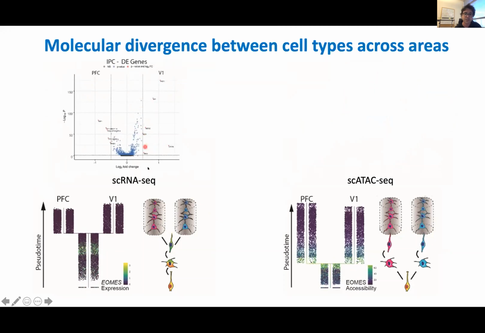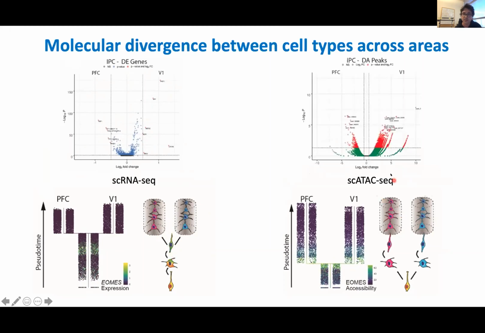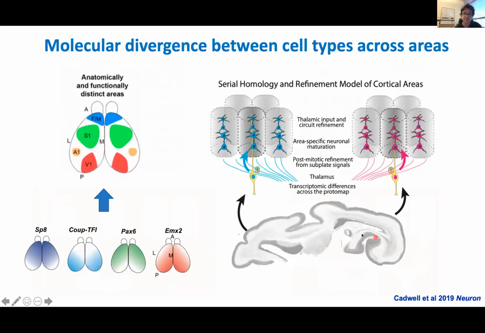So there are genes differentially expressed between PFC and V1 intermediate progenitor cells, but in contrast, the differentially accessible loci in chromatin accessibility are substantially more pronounced. There are many more features that distinguish these intermediate progenitor cells in chromatin state space compared with transcriptomics.